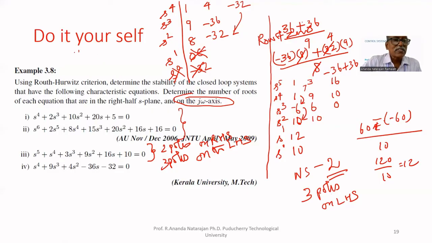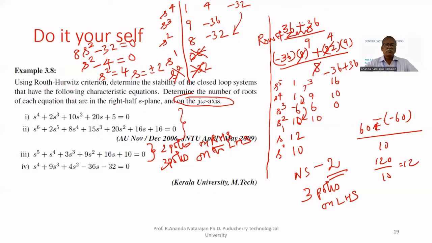So the auxiliary equation is 8s square minus 32 equal to 0, or s square minus 4 equal to 0, or s square equal to 4. That's why s equal to plus or minus 2. This is to find the roots of the auxiliary equation.